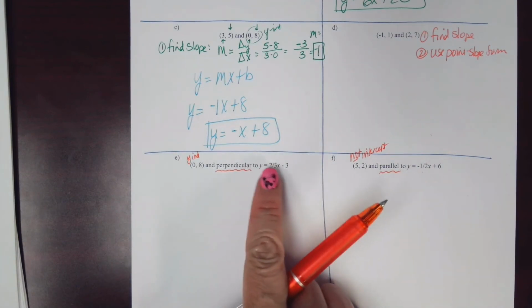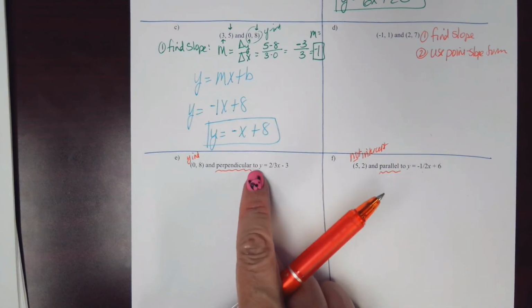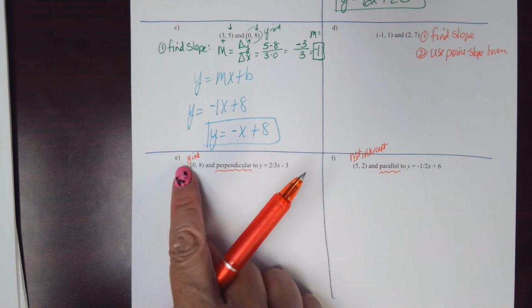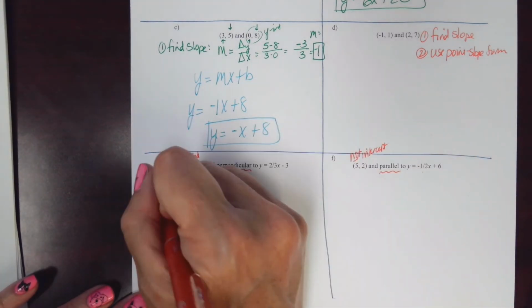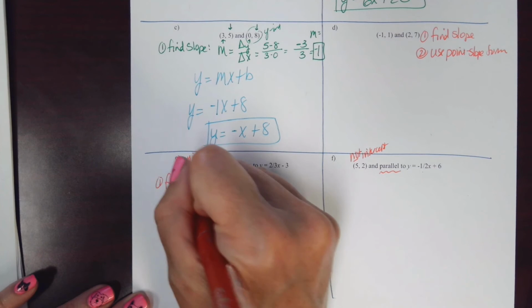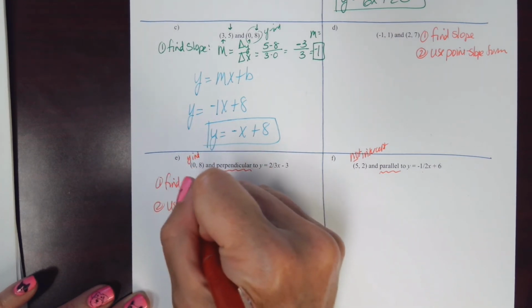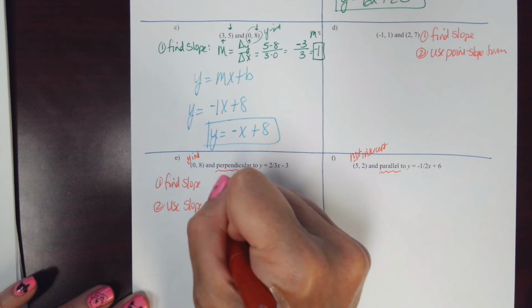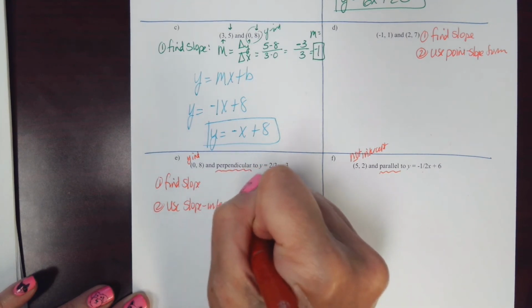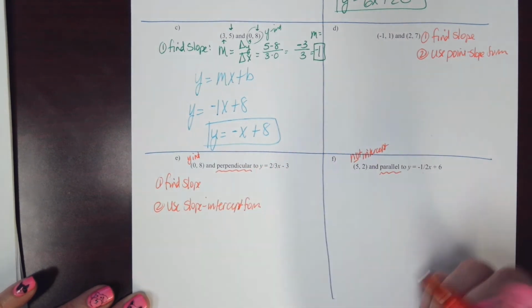Once I find the slope here based on this information, I have an intercept. So I am going to find slope, and then I can use slope-intercept because I know my intercept.